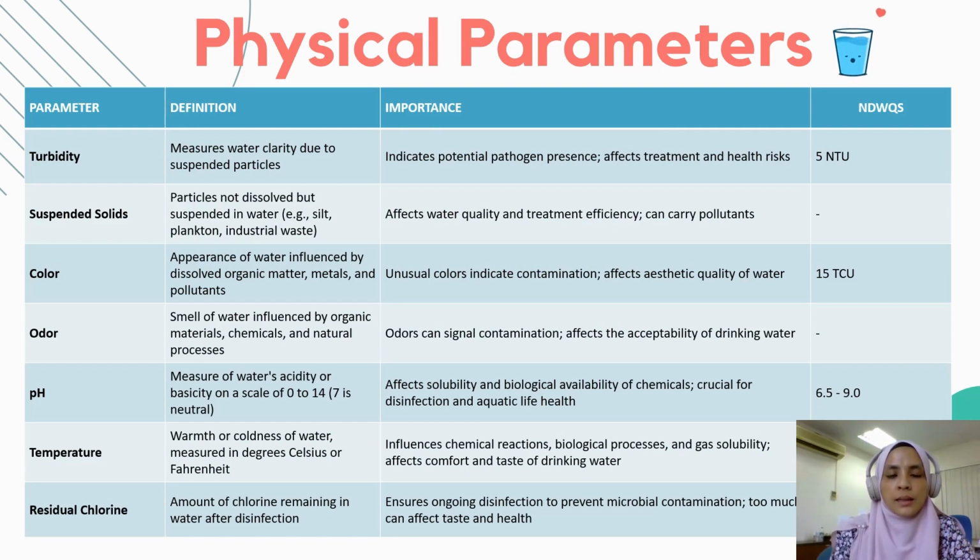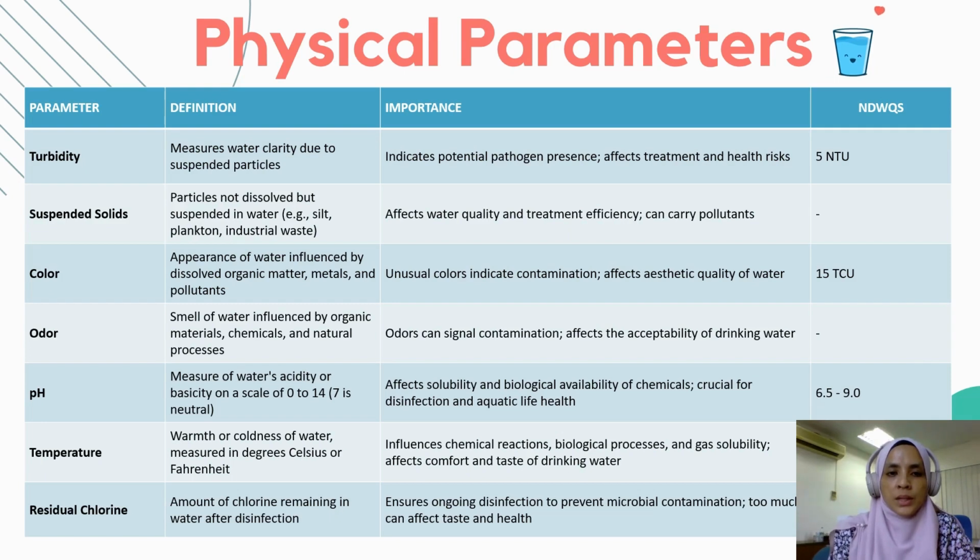Unusual color indicates contamination and affects the aesthetic quality of water, with a standard of 15 TCU. While odor is influenced by organic materials, chemicals, as well as natural processes. Unpleasant odors can signal contamination and affect the acceptability of drinking water.